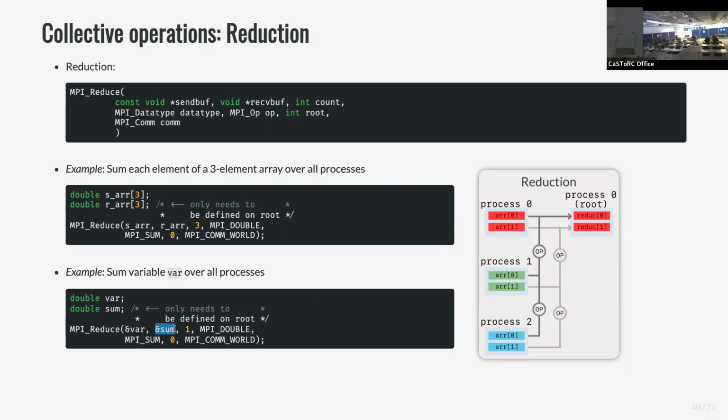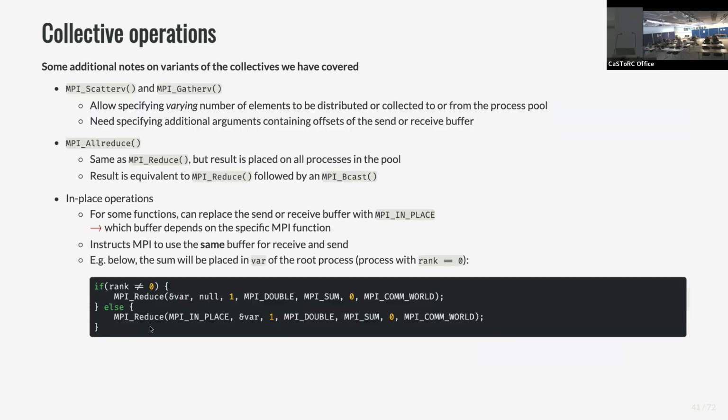One of you might ask, but what if I just want to overwrite the same variable on the root process with the sum? You would do it like this. Every other process except root will call MPI reduce like this, where it doesn't specify a receive buffer, it just specifies null. But the root process uses this special MPI in place variable, which means overwrite my input with the output. Okay.